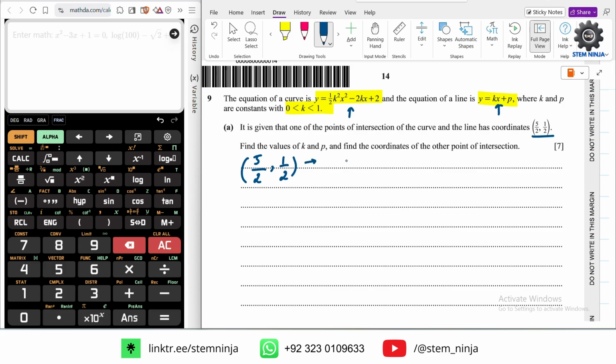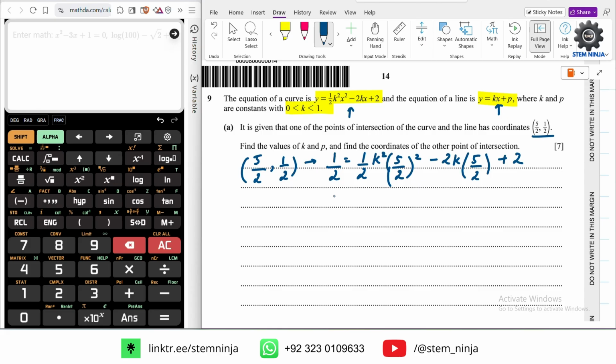So we plug this into y equals half k squared x squared minus 2kx plus 2, and this is equal to 1 over 2 k squared, 5 over 2 whole squared, minus 2k, 5 over 2 plus 2.